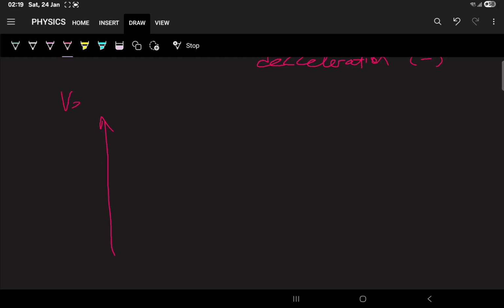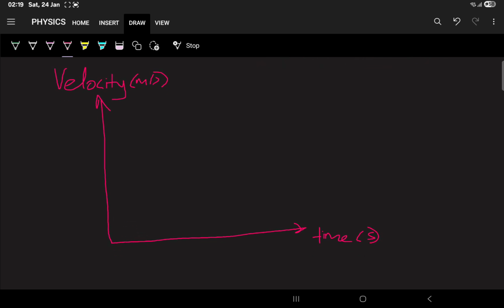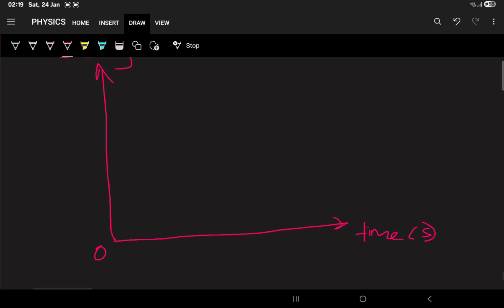So we have velocity here in meter per second, and we have time here in seconds. Now acceleration from our starting point O will simply be this.